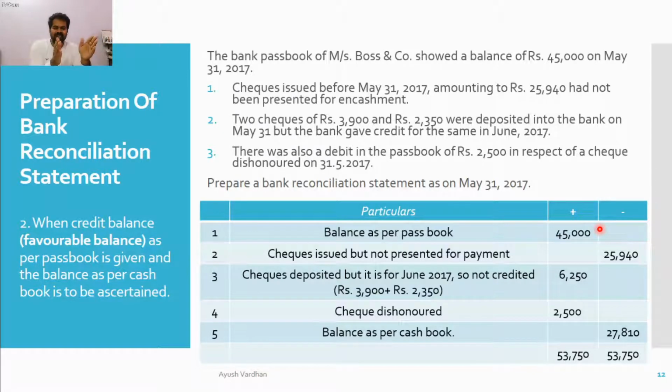We are making a 25,940 rupees payment to someone, so we will immediately do the entry of that into the cash book. Okay, just because we are issuing, we know Mr. Bose and Co is issuing that. So Mr. Bose and Co knows that they have issued 25,940 rupees.